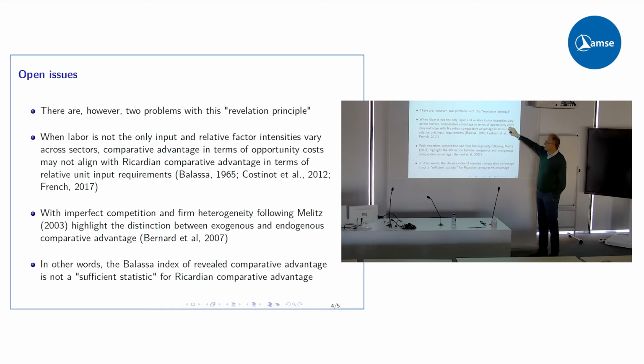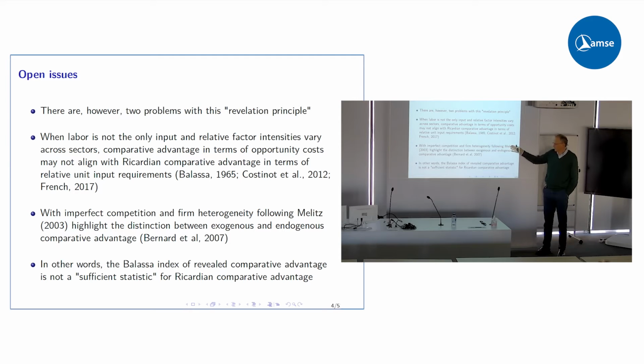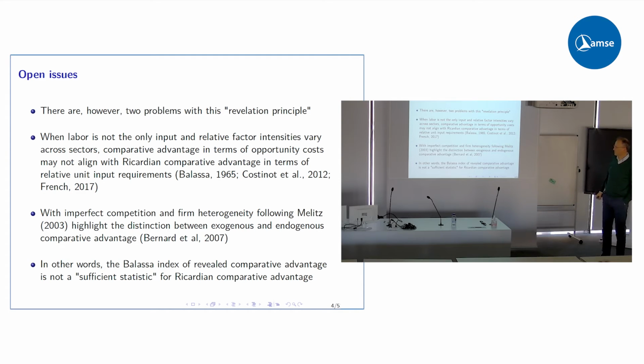Another important aspect is that with imperfect competition and firm heterogeneity, there is endogenous selection of firms that survive. And so what you observe in the data is determined by the TFP, or the technology of the firms that survive, and not necessarily by the underlying comparative advantage of the country.